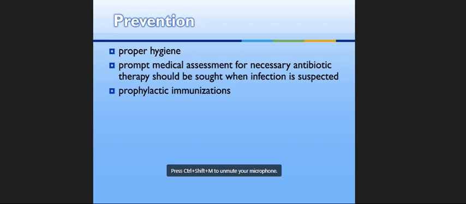Sometimes we have prophylactic immunizations. Let's say what's going on nowadays about COVID-19. Nowadays we have vaccinations for it. And you know that at least 20% of patients who develop COVID-19 may present with acute renal shutdown, and they may need dialysis.